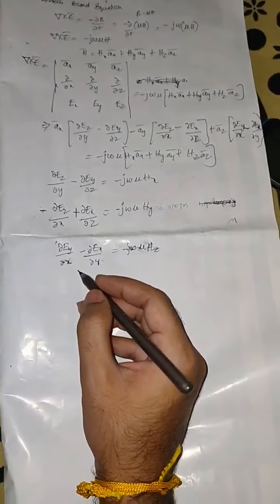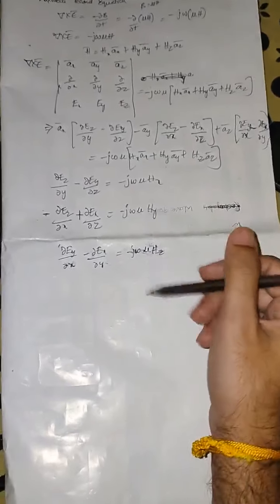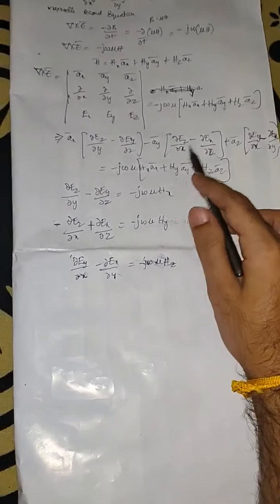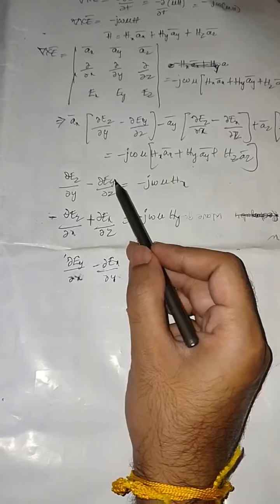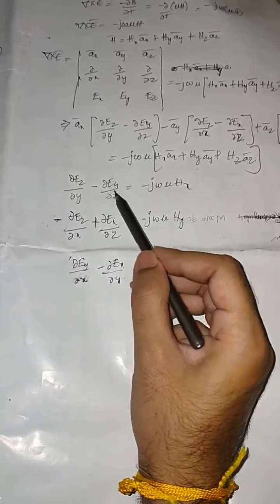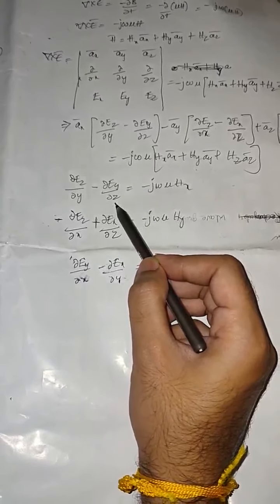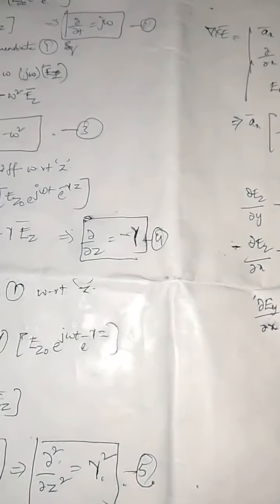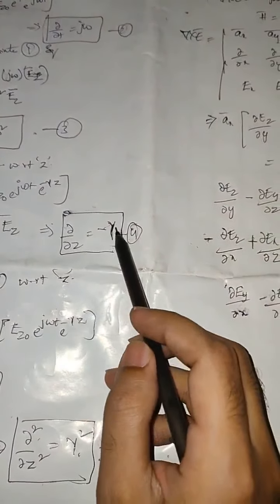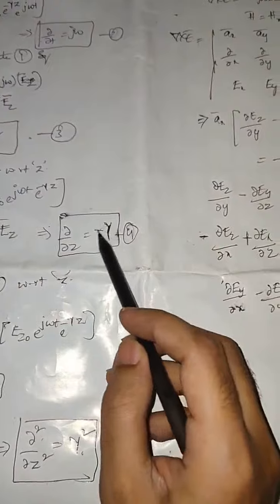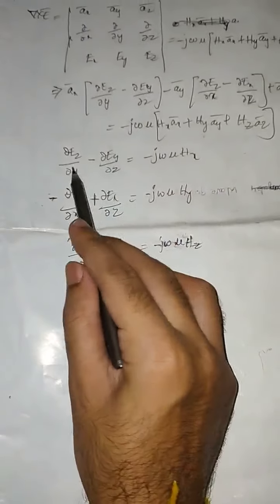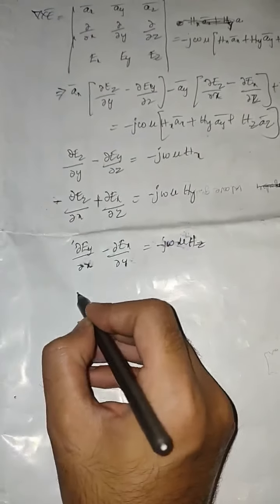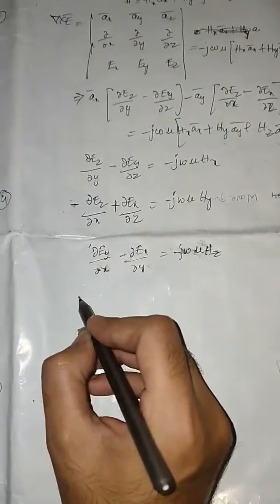These are the equations obtained by equating these values. Observe this equation, you get the ∂/∂z value. You already got the ∂/∂z value, which is nothing but minus gamma. We need to substitute minus gamma in this equation, so I am writing these equations again.